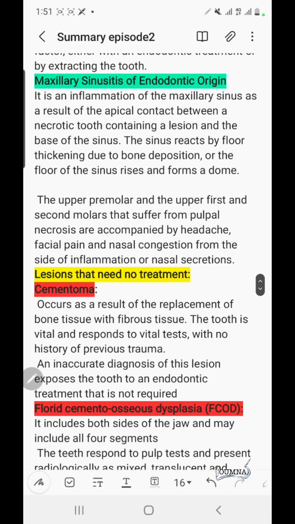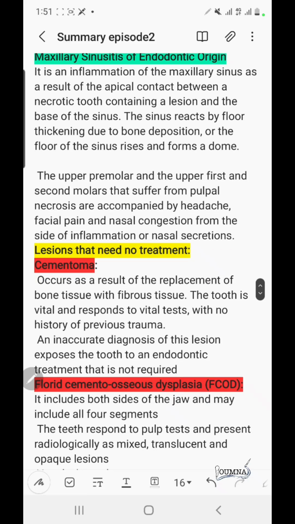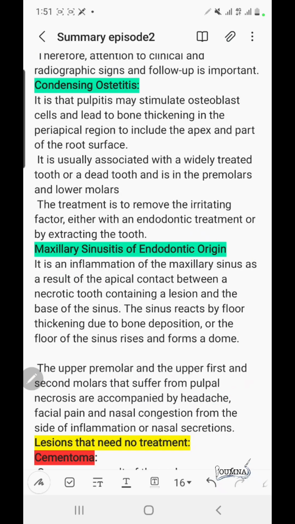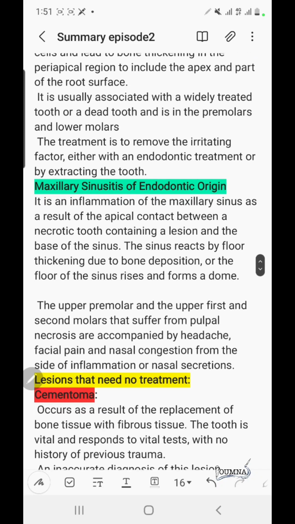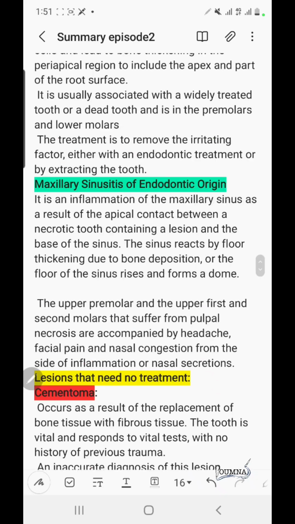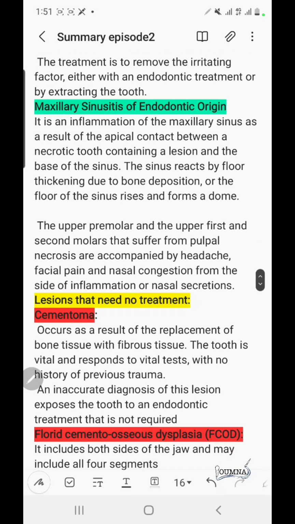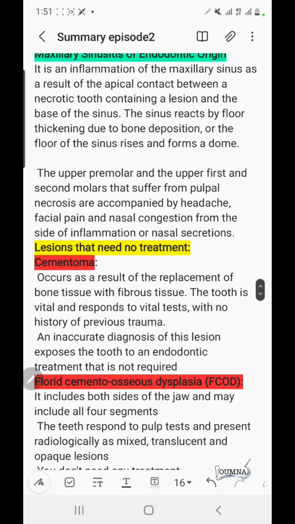Maxillary sinusitis of endodontic origin. It is an inflammation of the maxillary sinus as a result of the apical contact between a necrotic tooth containing a lesion and the base of the sinus. The sinus reacts by floor thickening due to bone deposition, or the floor of the sinus rises and forms a dome.